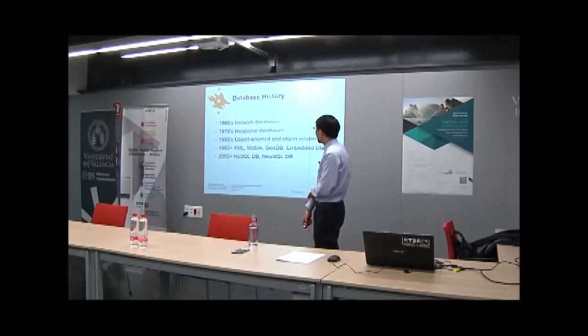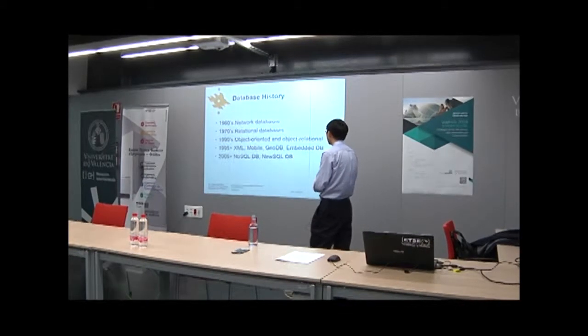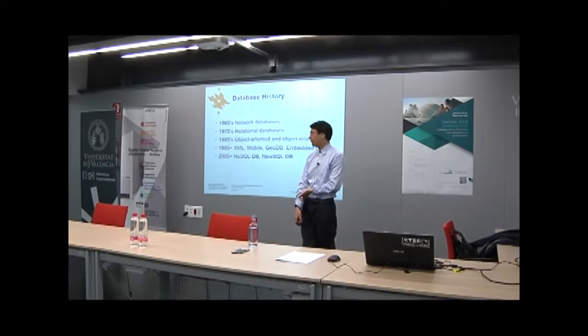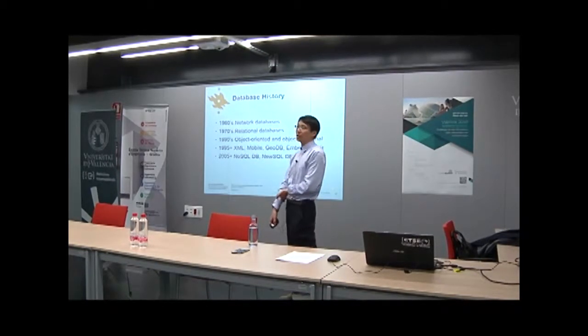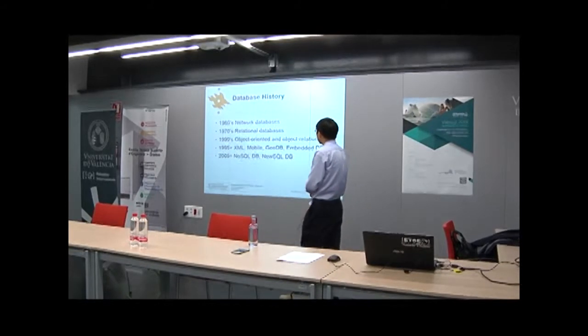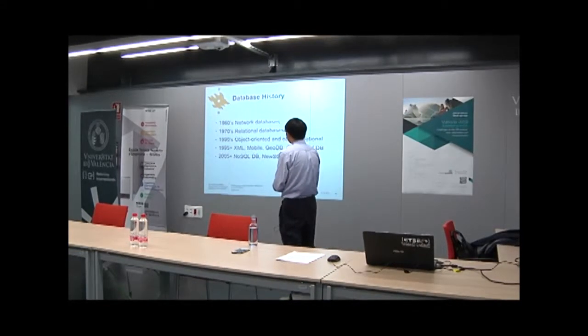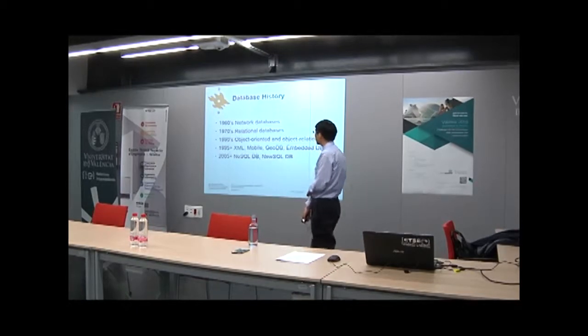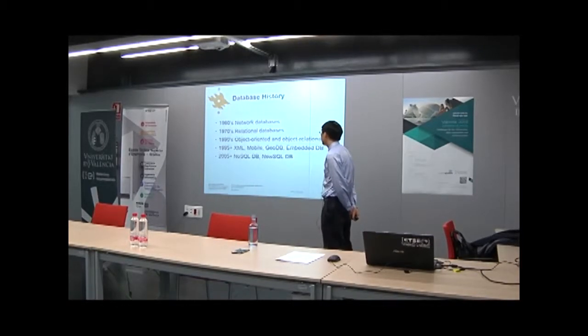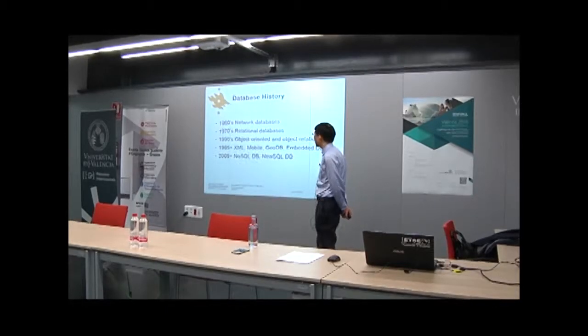Then in the 1990s, we have a new kind of database. This is very popular: the OO database, meaning object-oriented database, and the object-relational database in the 1990s. Then going to 1995, we have the multi-type database, which can process different types of data, including the XML database, mobile database, geographic database, and embedded database.